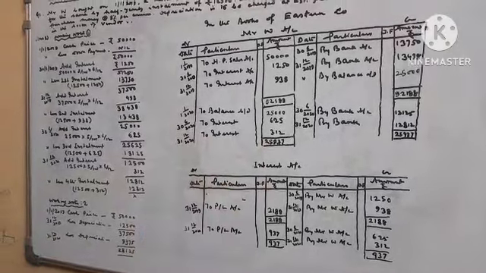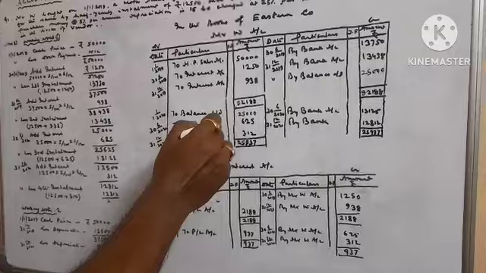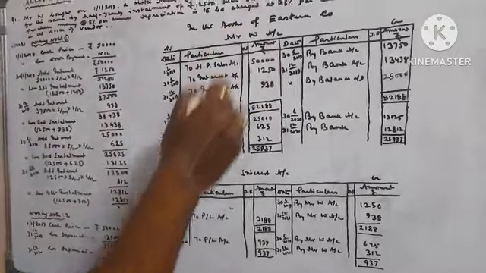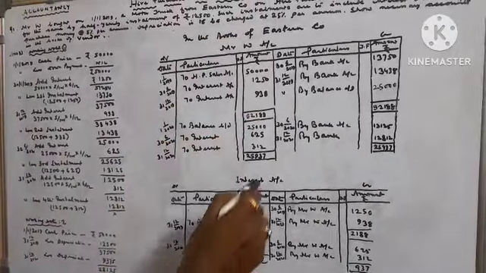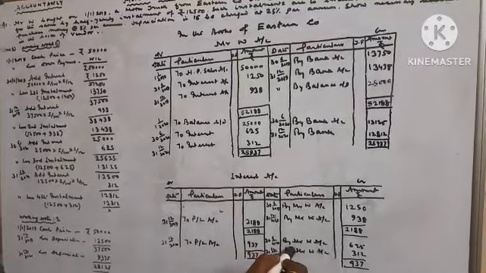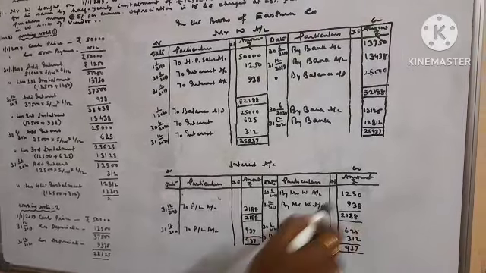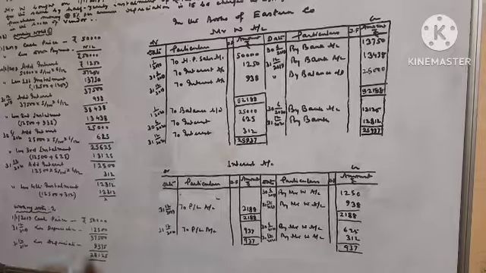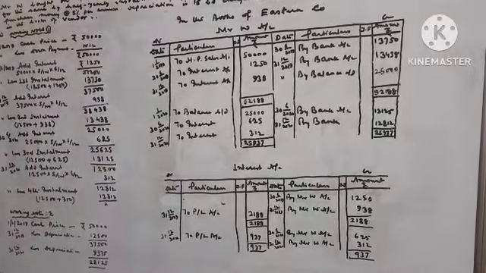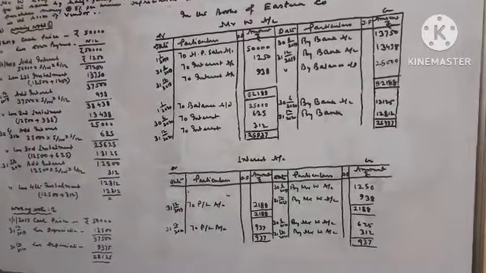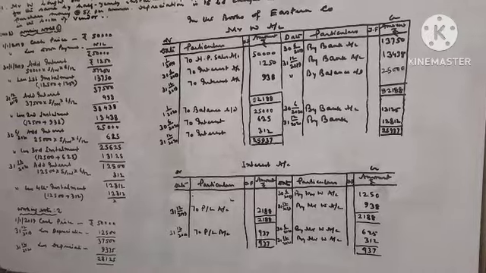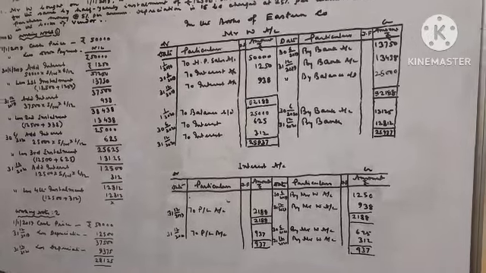Again before that, Mr. W account debit to interest. So in the interest account on 30/6/2020, by Mr. W 625.